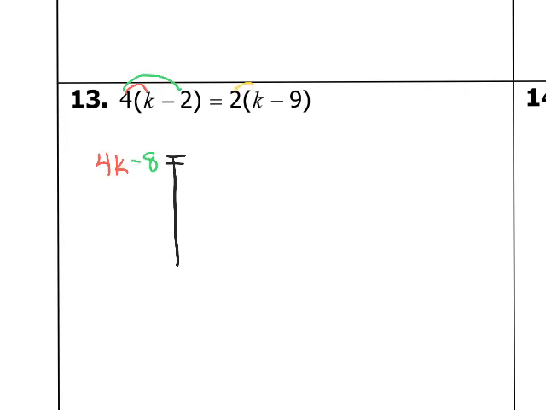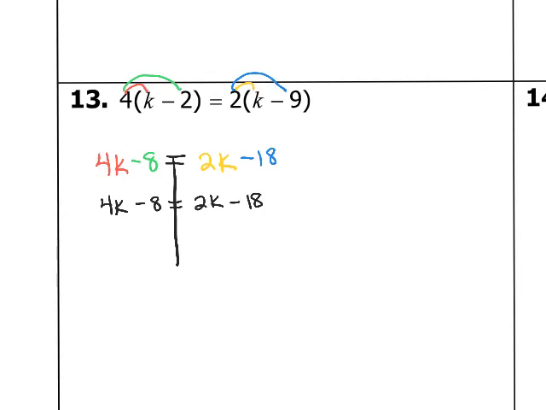And then we're going to take this 2 and distribute it to the k. And we're going to take this 2 and distribute it to the -9. Okay, and if all the colors are bothering you, I'll just rewrite the whole thing in one color. But I wanted you to see the association of the distribution.